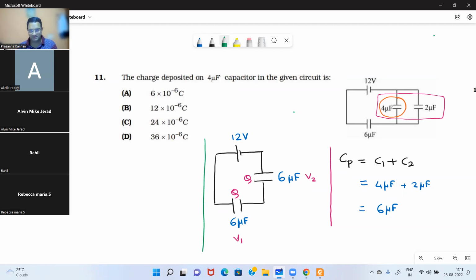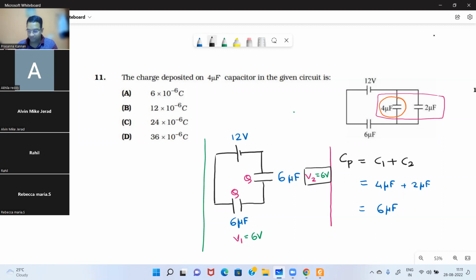What is the total voltage? Total voltage is 12 volts. So 12 volts will split up as 6 volts across the 6 microfarad and 6 volts across the other 6 microfarad here. Okay, this information is good enough for us. This piece of information is sufficient to find out our answer.